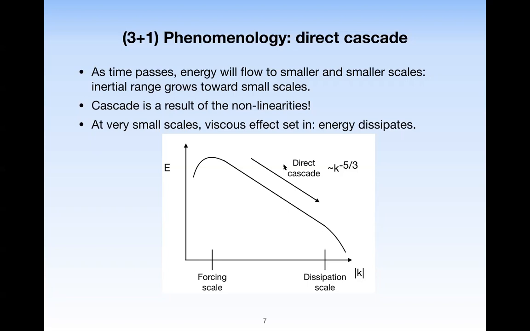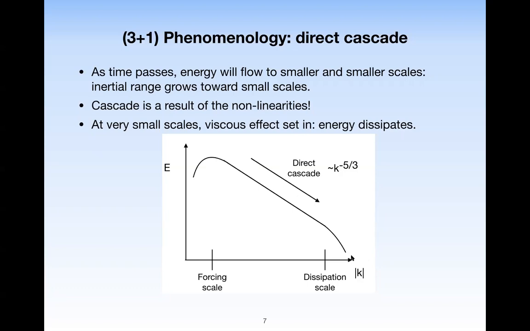Now, as the system is populated with smaller and smaller vortices, this inertial range that we see developing here will extend. Remember that here we are in momentum space, so it will extend to larger and larger values of k, so smaller scales in position space, until it hits the dissipation scale and it cannot extend any further.